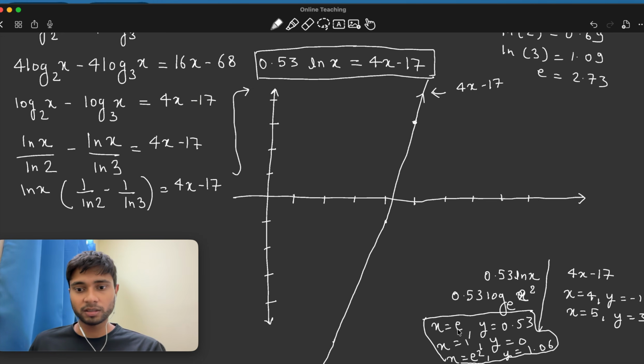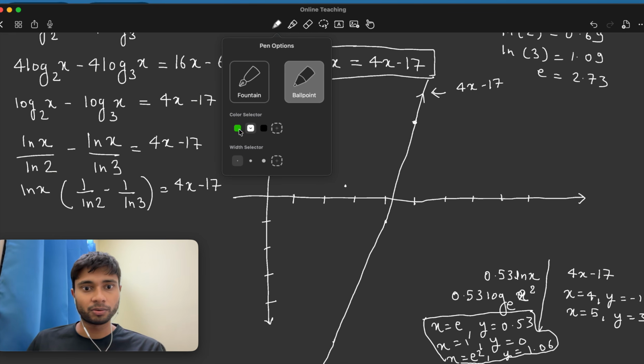So at x equals 2.73, which is, this is 1, 2, this is 3, so 2.7 is somewhere here. Value of y is 0.53, this is 1, so 0.5 somewhere here. This is one value. Okay, I can use some other color to denote the log.